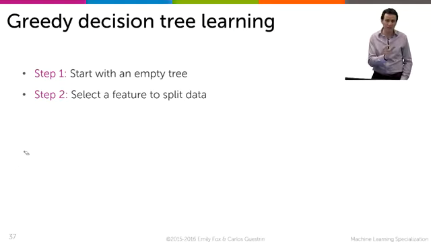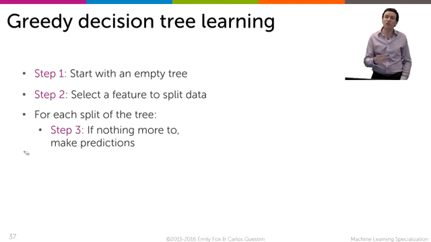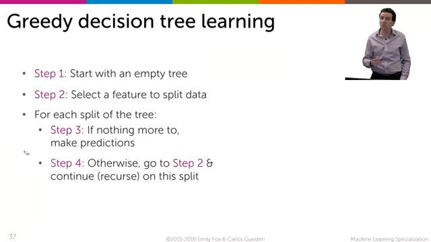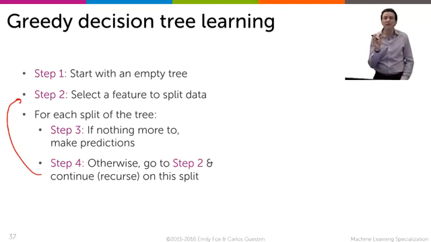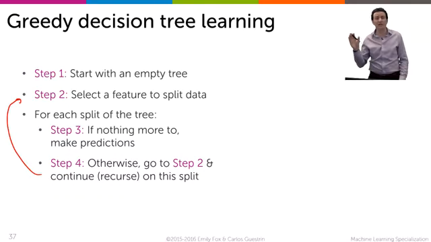And then for each subset of data, excellent, fair, poor, I continue thinking about what to do next. So I decide, in the case of excellent credit, there was nothing else to do, so I stop. But in the other two cases, there was more to do. And what I do is what's called a recursion. I go back to step 2, but only look at the subset of the data that has credit fair, and then only look at the subset of data that has credit poor.